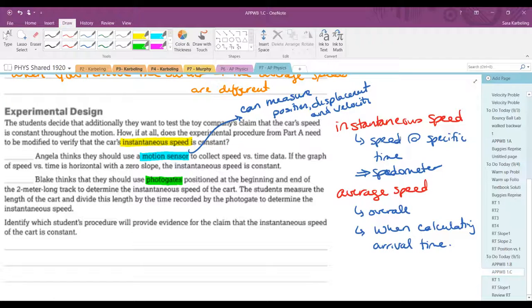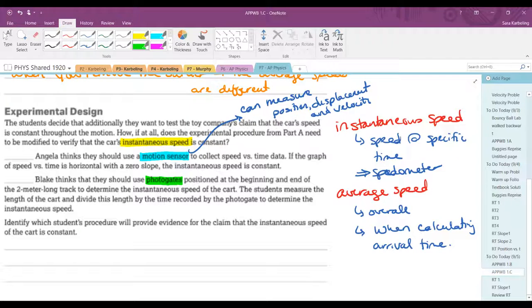So you can imagine driving down Dubuque. If one person is standing at the exit to Liberty, and you have another person standing at the interstate, and they go and they stop. That's kind of what a photogate is doing. You know the distance, you know the time, you can find the speed, right? But does it measure the instantaneous speed or the average speed?